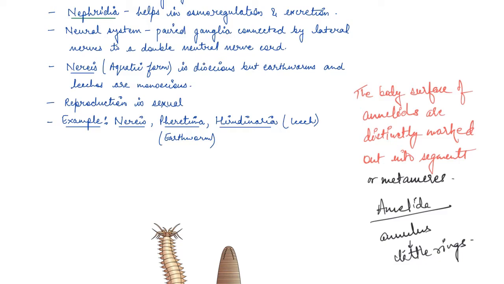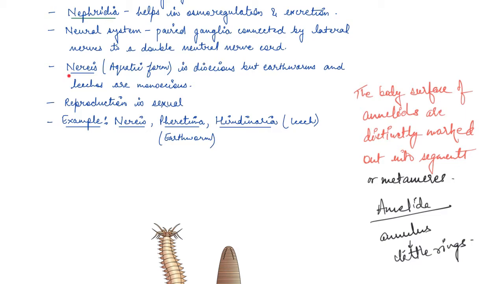Now the neural system is basically made of paired ganglia, and that is connected by lateral nerves to a double neural nerve cord. So they have paired ganglia which connect to a double neural nerve cord.